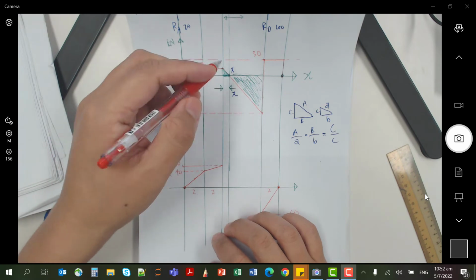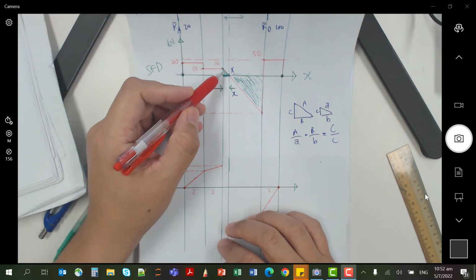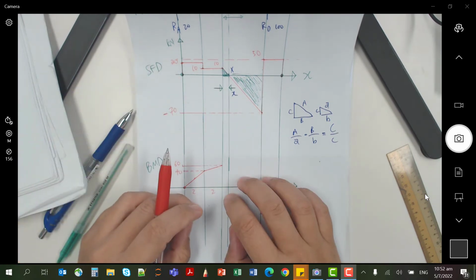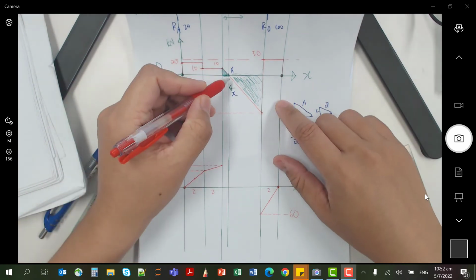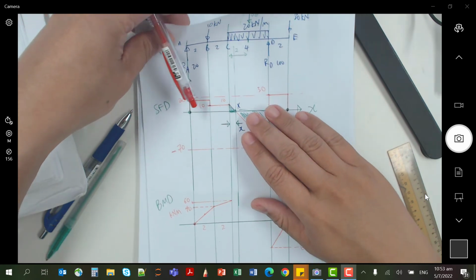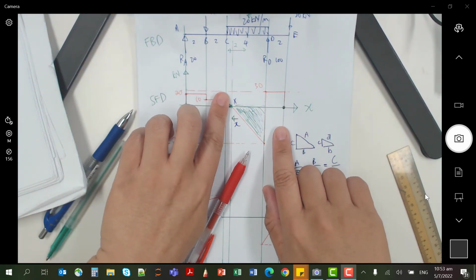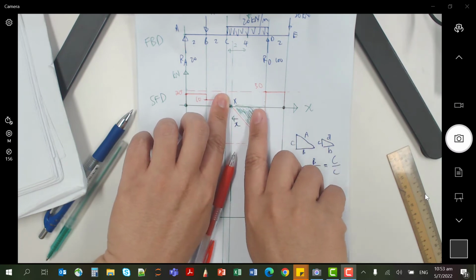Like I said, the value of the shear force is the gradient of the bending moment. So this portion, this is what's going to happen. Let's split into 2 portions: the positive shear force portion and the negative shear force portion.